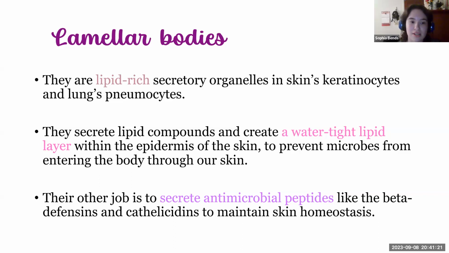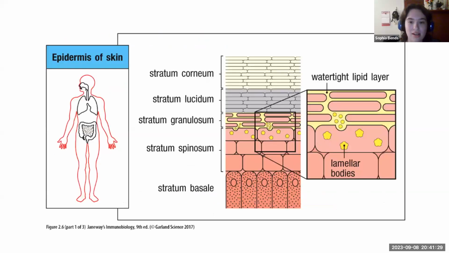Their other job is secreting antimicrobial peptides like the beta defensins and cathelicidins in order to maintain skin homeostasis. So in the diagram, it can be shown that the lamellar bodies are secreting that lipid compound in order to create that watertight lipid layer.